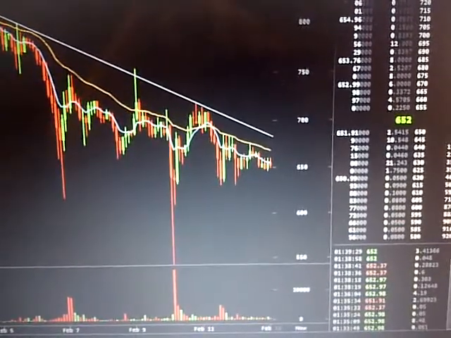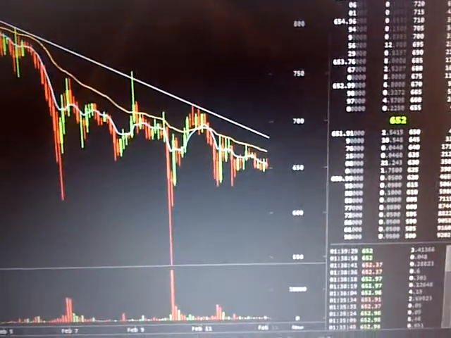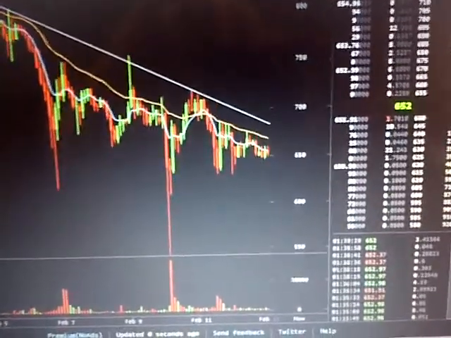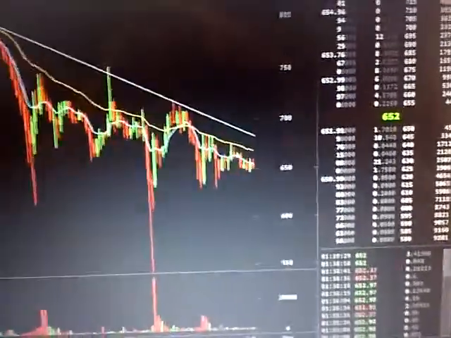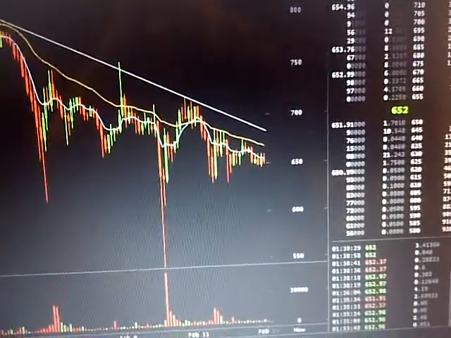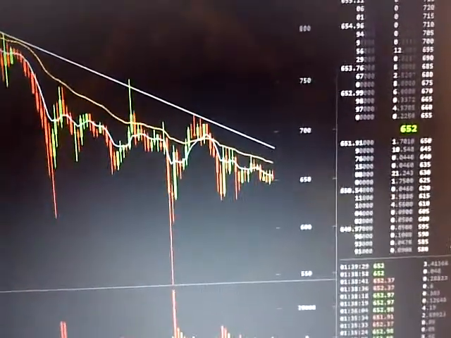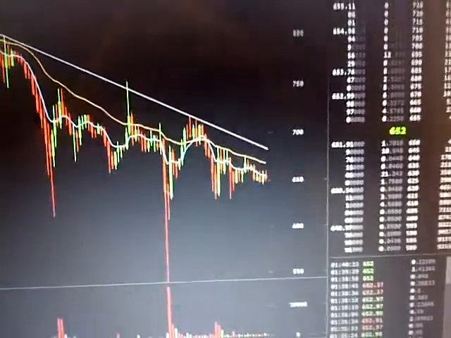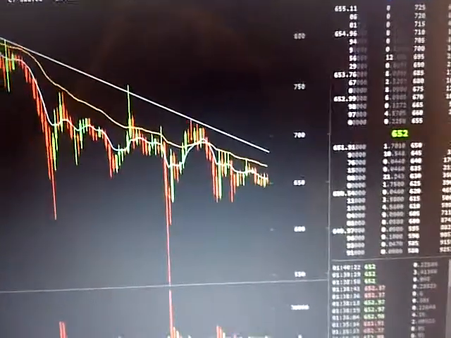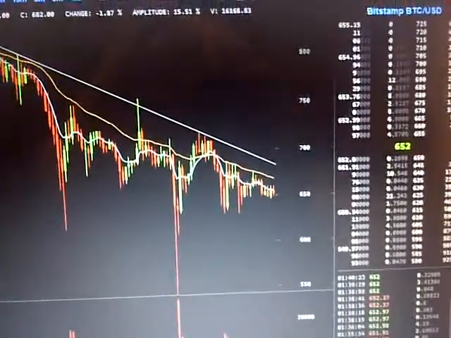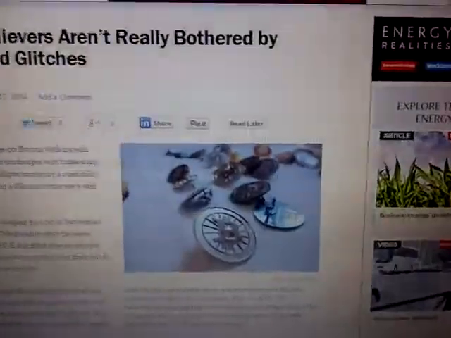But there's some heavy demand because the price is so cheap. I've never had so many people just hit me up for bitcoins. Go figure.